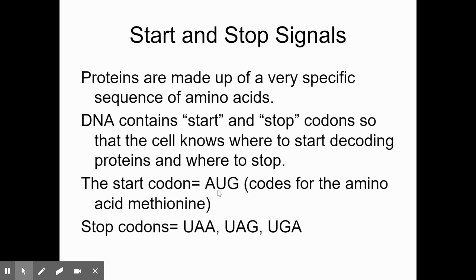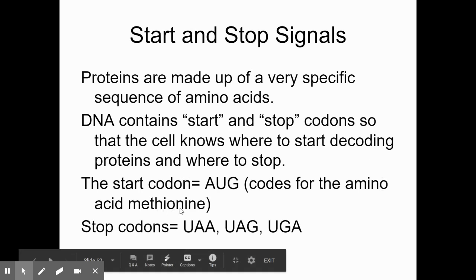That codes for an amino acid known as methionine, and that's where it will always begin. Here are what's known as the stop codons. This is what's going to tell the tRNA, the mRNA, the ribosome to stop building the protein. If these 3 codons appear in the mRNA sequence, it will tell it to stop.